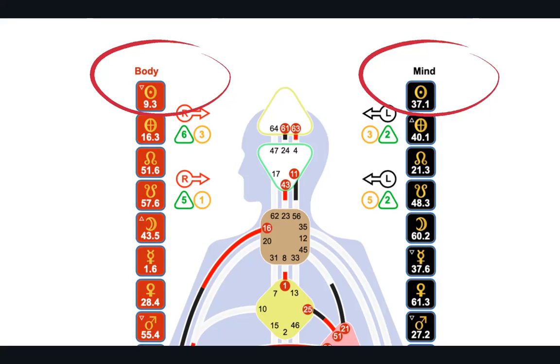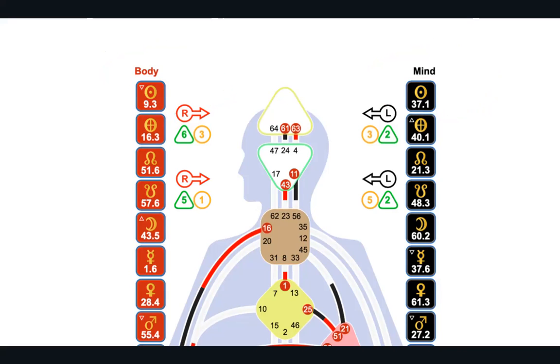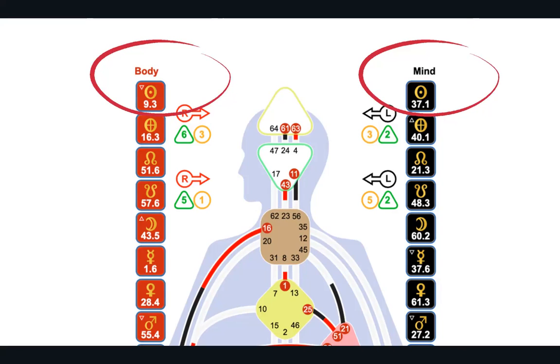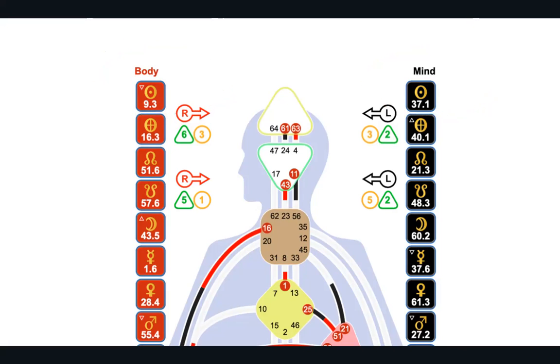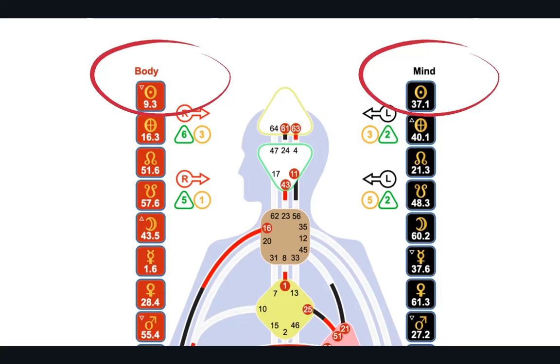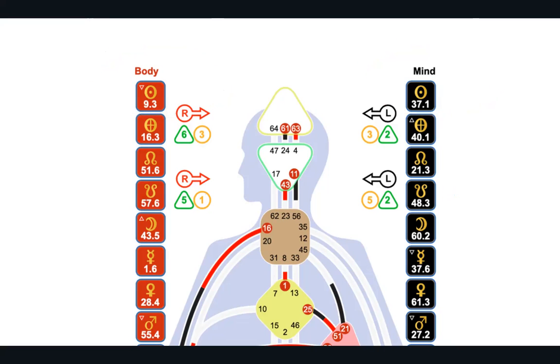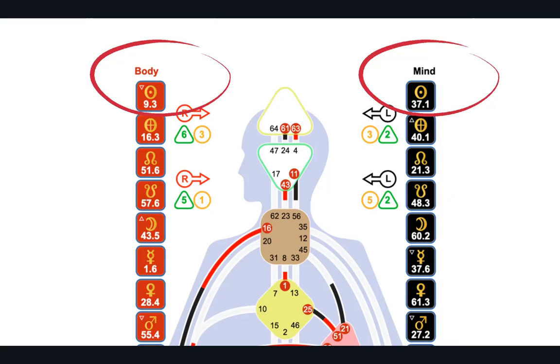The numbers after that are based on the hexagram. For example, I have a 37.1. That .1 is the part of the hexagram, and anything after the period is going to be numbers 1 through 6, okay? The most common place you're probably familiar with the hexagram is your profile.